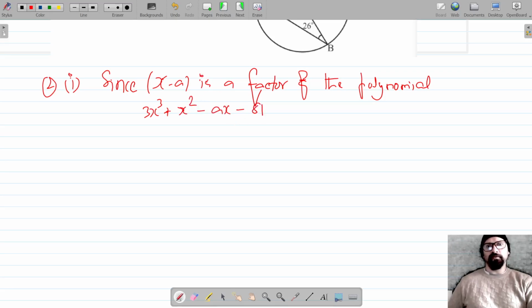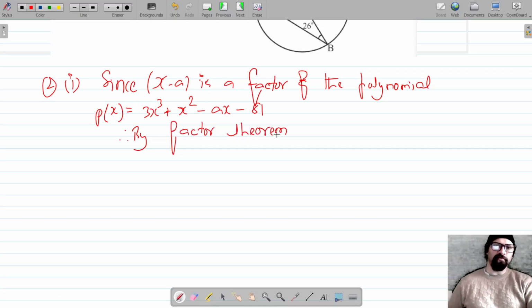So this is a polynomial. Therefore we can say that by factor theorem, let's say this polynomial be p of x. If x minus a is a factor of the given polynomial, then we can use the factor theorem.